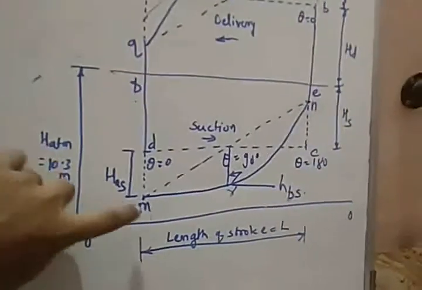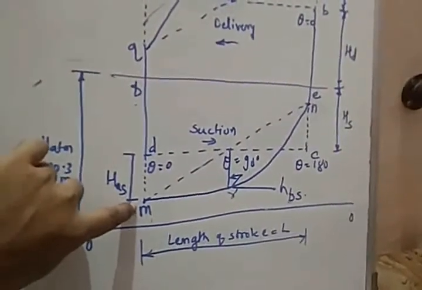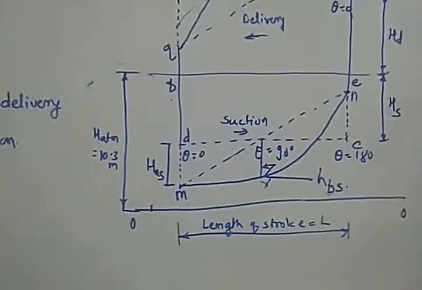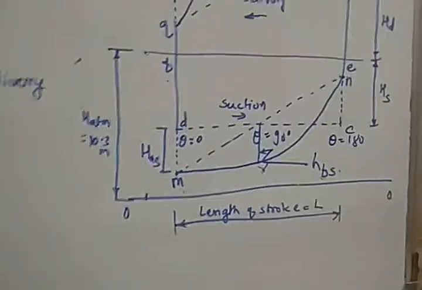Here I'll get the pressure head at the start, here at mid, and here at the end. We'll write the generalized equation first, then you can put in the values and get the answers.